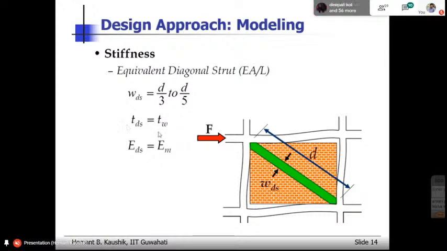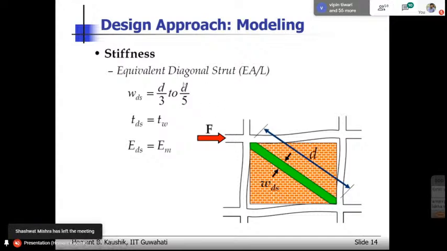So this is one dimension of the strut. The other dimension, which is the width of the strut, the simplest thing is to consider this width as 1/3 of the diagonal length to 1/5 of the diagonal length. That is what the experience is. Over the last maybe 70 years of research on infilled RC frames, we have found that this width varies from d by 3 to d by 5 to d by 6.